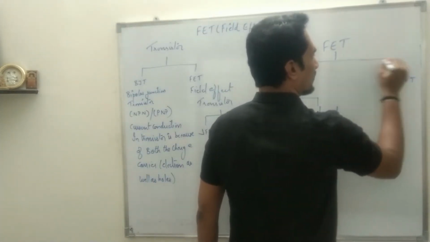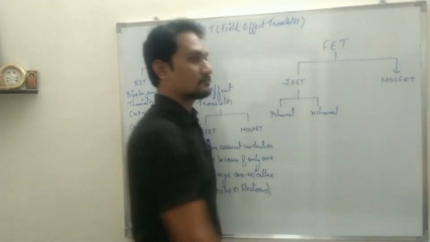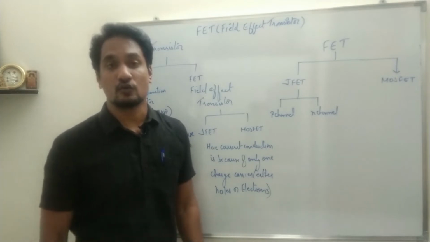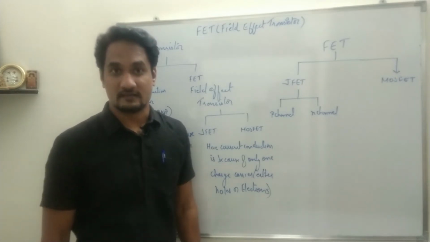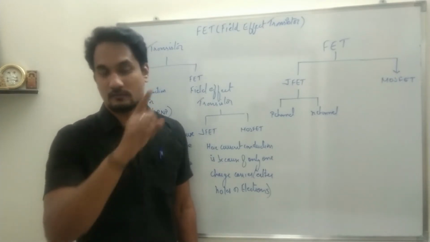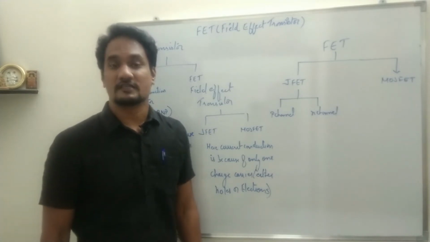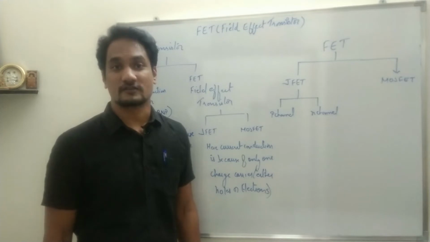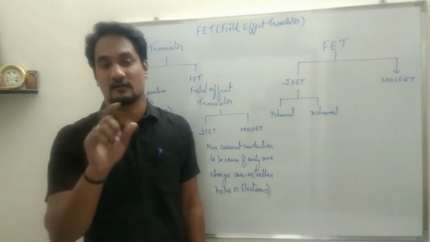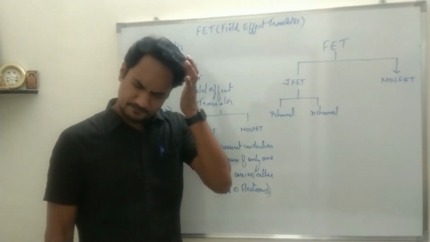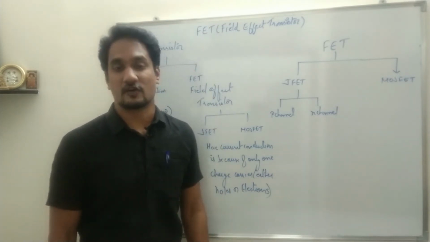I had already told you, in a chapter which we studied in paper 2, logic families, probably semester 1, there we studied MOSFET, the CMOS family. One was TTL, and the other one was CMOS.